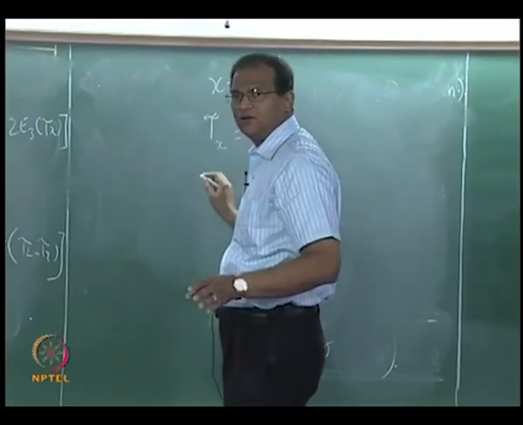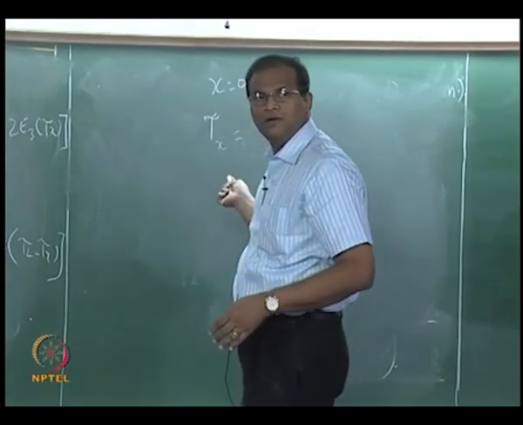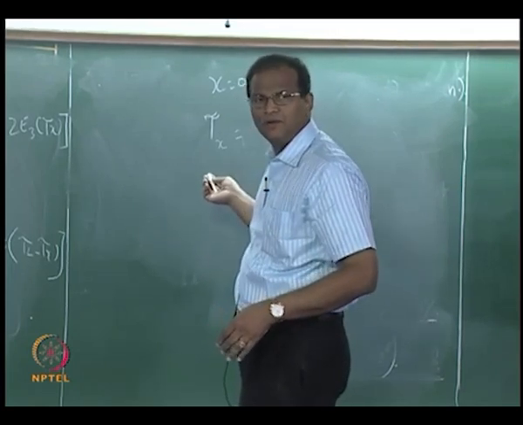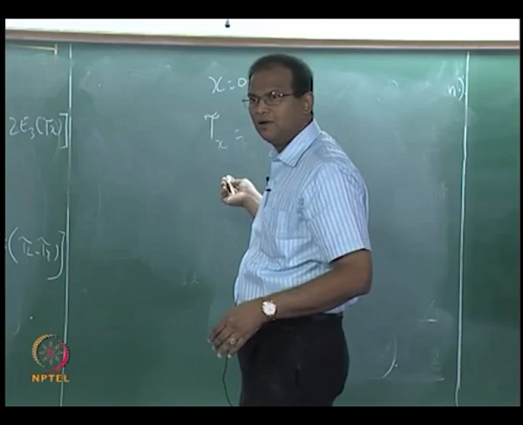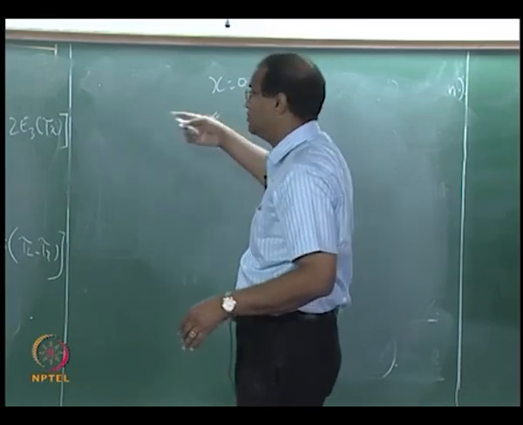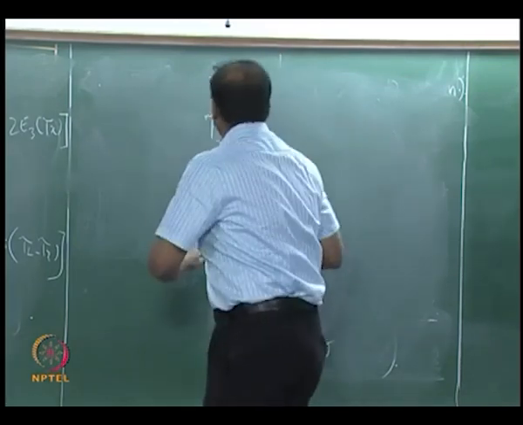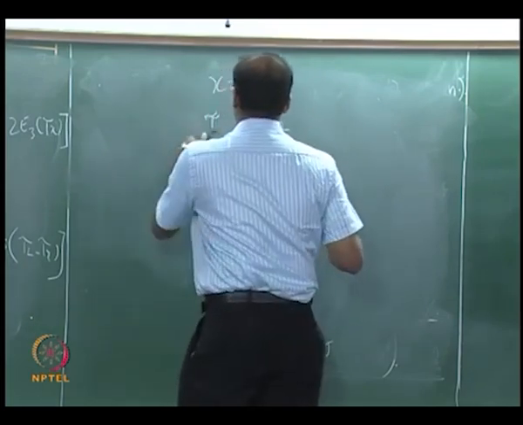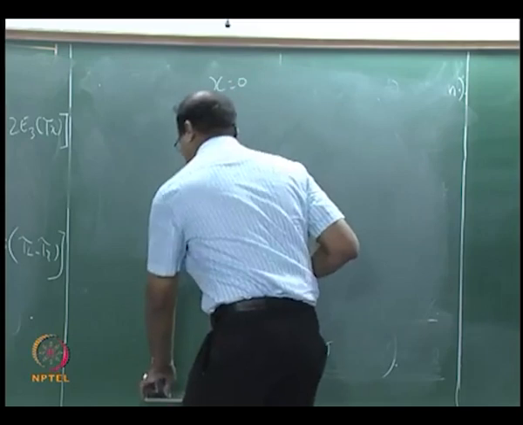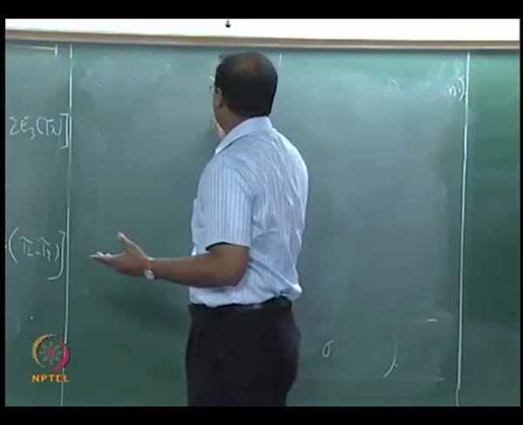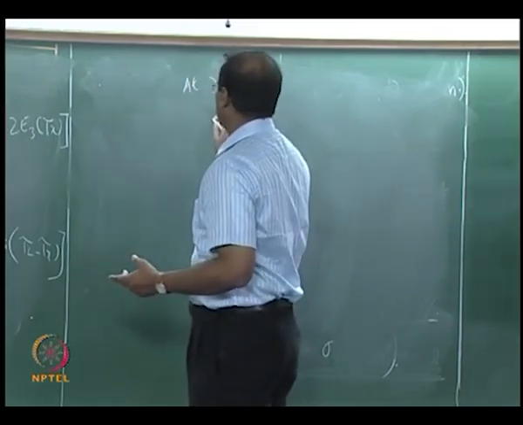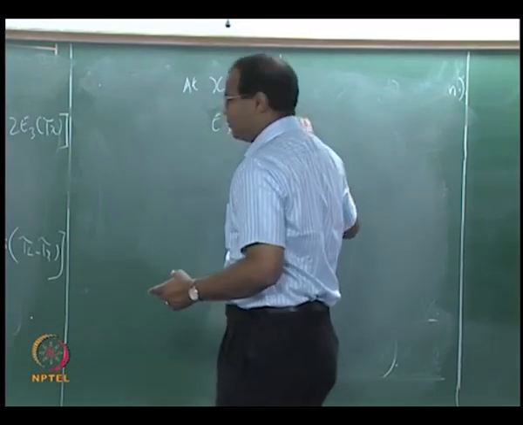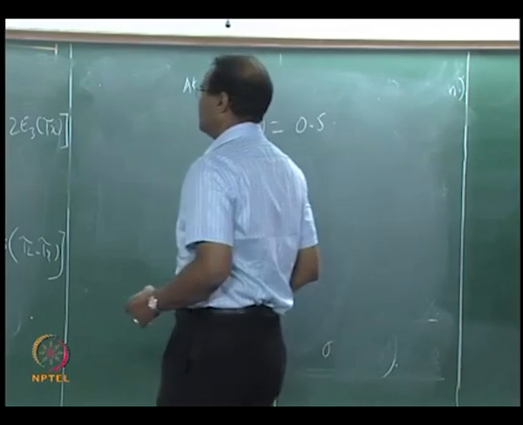So tau of x equal to, why 0.12? 0.08 into 1.4. Oh, the E3 of tau of x is 0.12, okay. E3 at x equal to 0 equal to 0.5, okay.